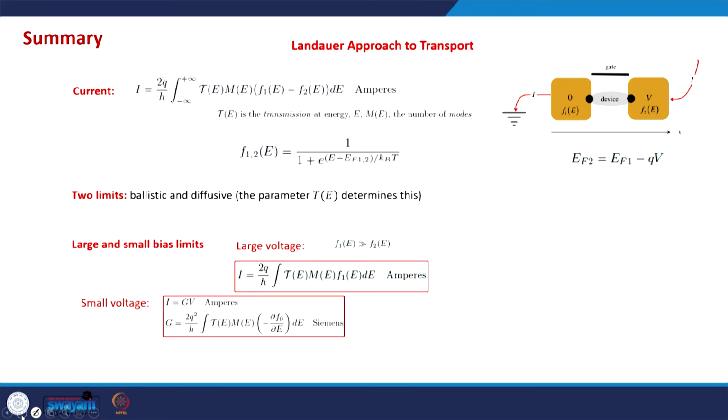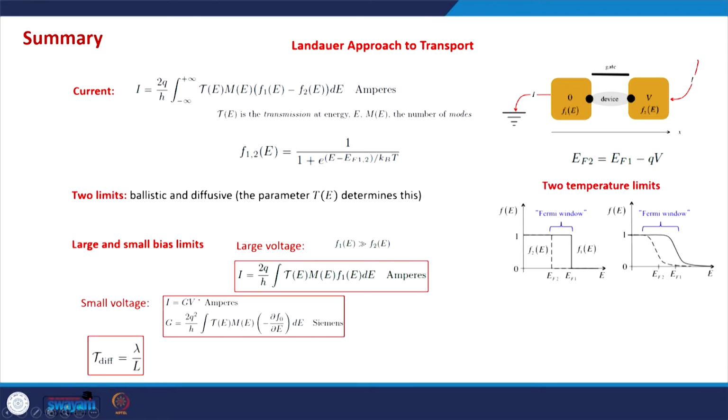As you might recall from our previous discussion, in our Landauer approach we generally try to understand the IV characteristics for small biases, which is the linear regime of the IV characteristics of the MOSFET, and for large biases, which is the saturation regime.